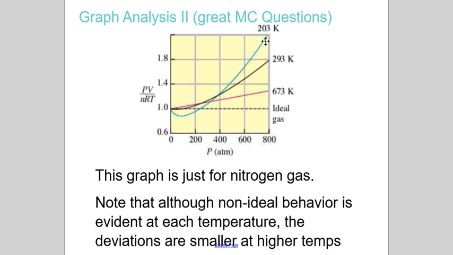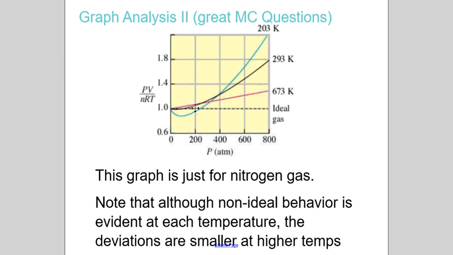Some of them, these colder ones, become lower than ideal for a little bit, and then at these higher pressures go back to being ideal. This room temperature one stays pretty close to being ideal for a good range of pressures here, from about 0 atm all the way to about 170 or 200 atm or so.